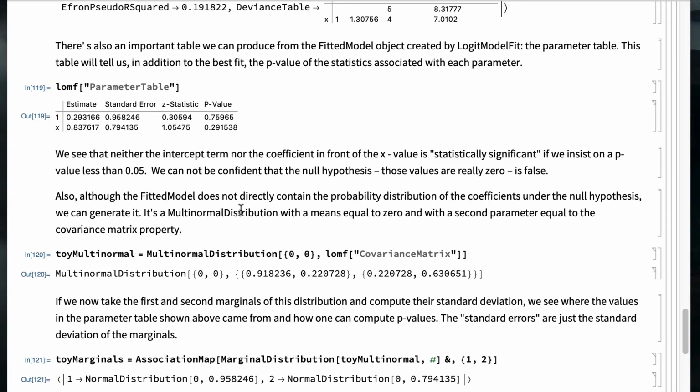The idea, again, is that what a regression is really doing is producing a probability distribution associated with the null hypothesis. It might be producing a probability distribution associated with the data, but in any event, it's that probability distribution that's being used to compute these standard errors, associated statistics, and therefore the p-values.